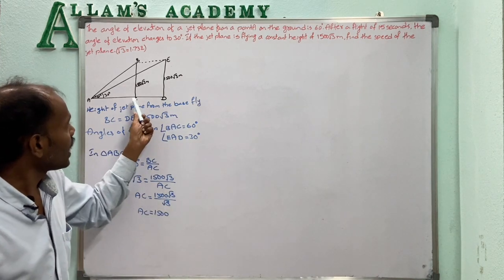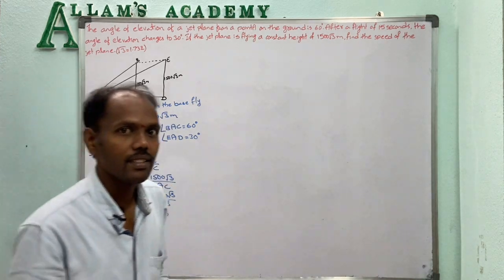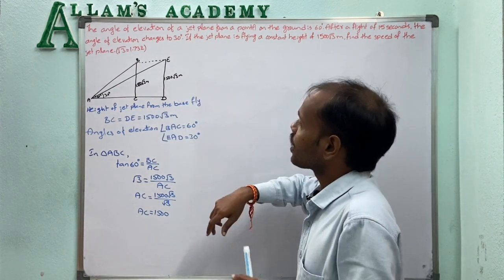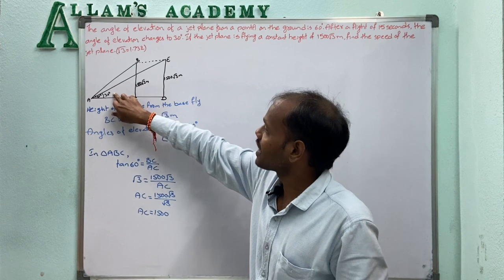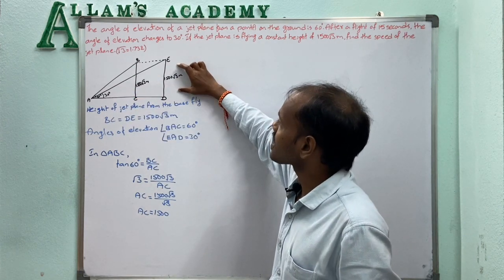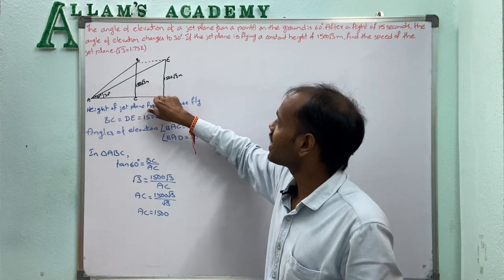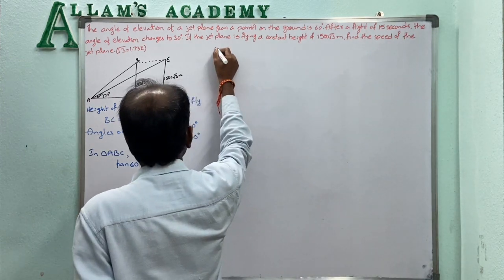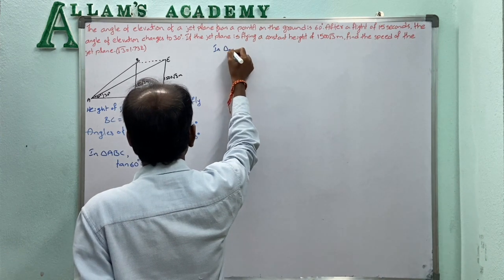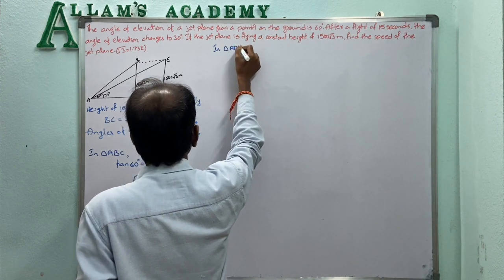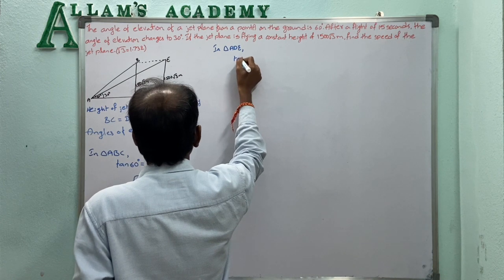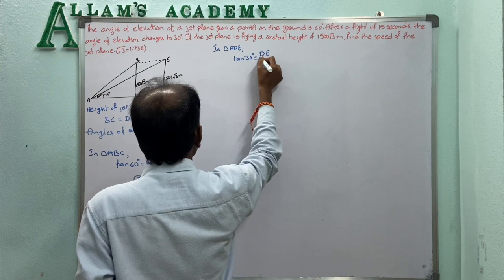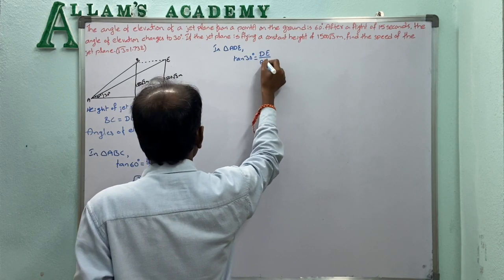Now we want to find how much distance it traveled. So in triangle ADE, with the 30 degrees angle, DE is the opposite side and AD is the adjacent side. So here also we apply tan theta. In triangle ADE, tan 30 degrees equals opposite side DE by adjacent side AD.